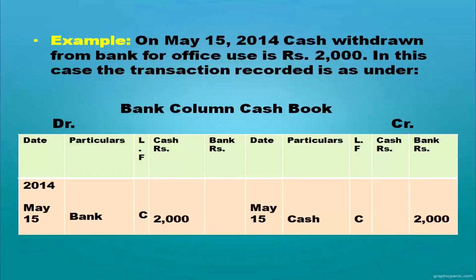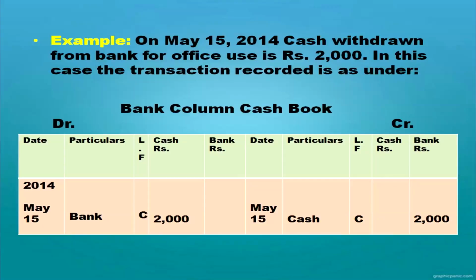Here is a transaction. On May 15th, 2014, cash is withdrawn from the bank for office use, rupees 2000. How will you write this in the cash book? The entry will be cash account debit to bank.